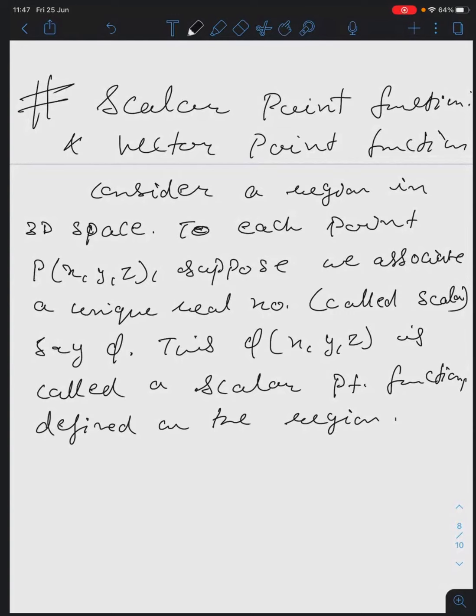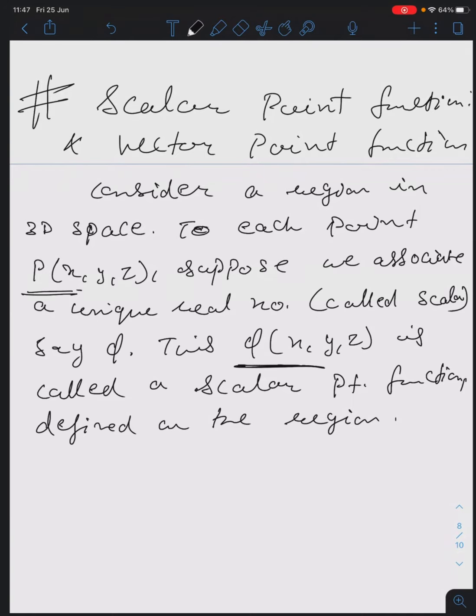So here to each point you are associating a temperature, and temperature is just a scalar value. So at each point x, y, z on that solid, you are associating a temperature T(x, y, z). So this T is a scalar point function. Understood? Yes, ma'am.